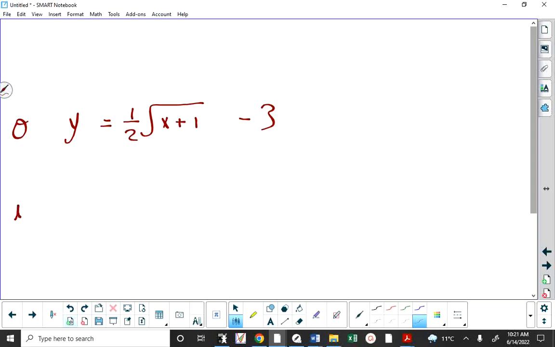The inverse, now there's a little wrinkle to this that I don't know that we need to worry about, and I may talk about it. The inverse will be this. And now what we would do is rearrange for y. I would add 3 to both sides.